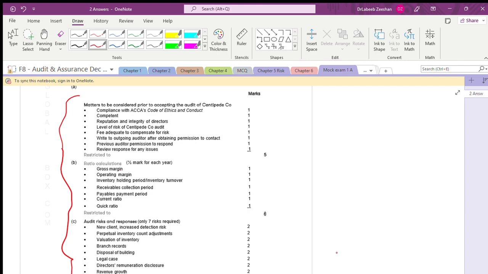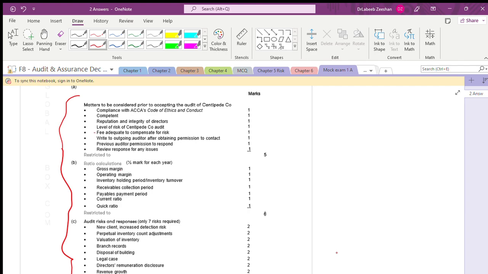What matters are to be considered prior to accepting the audit? This is the summary of the summaries. Compliance with the ACCA code of conduct, ethics and code of conduct. With respect to the auditors, they have to be competent and qualified. You have to take the reputation and integrity of directors. Yesterday we have done this. Level of risk of Centipede: what is the level of risk associated with the audit?